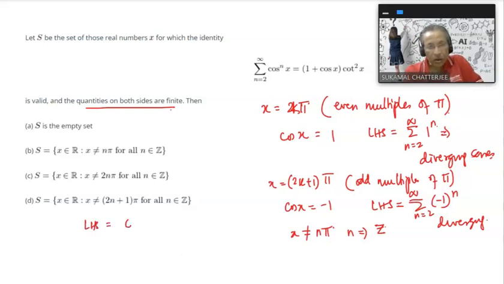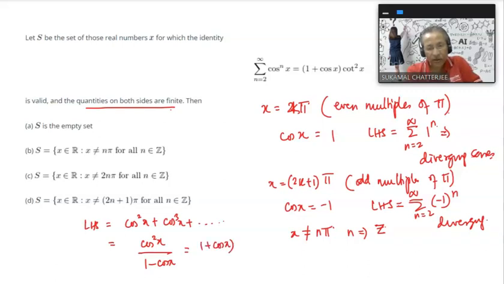If that is the case, then the left hand side will be cos square x plus cos cube x, etc., up to infinite terms. So this is an infinite GP series where the first term is cos square x and the common ratio is cos x. So the sum of this GP series is cos square x by (1 minus cos x). Now I can multiply the numerator and denominator by (1 plus cos x).